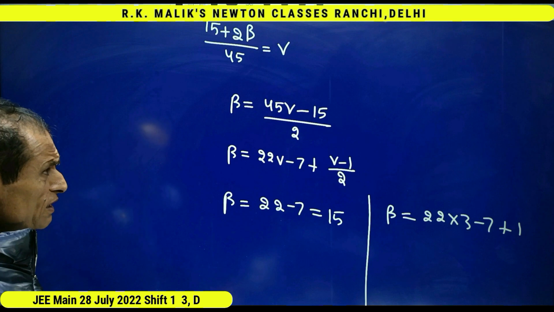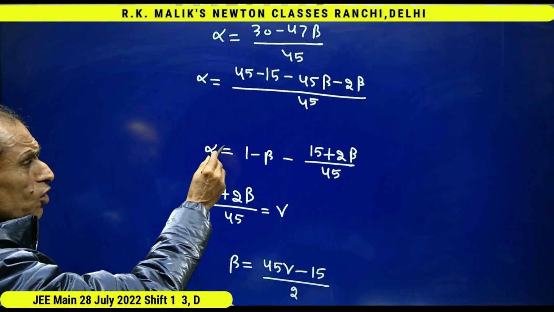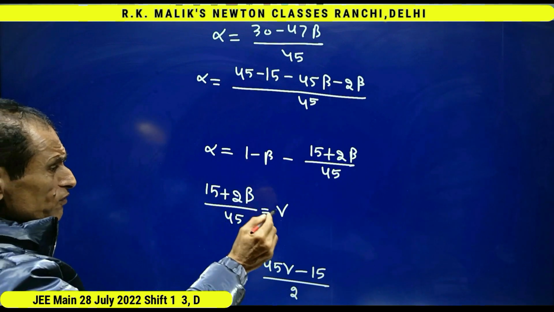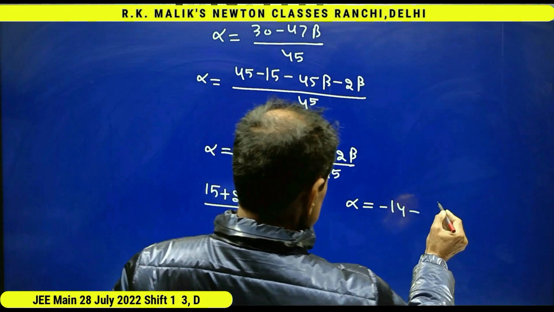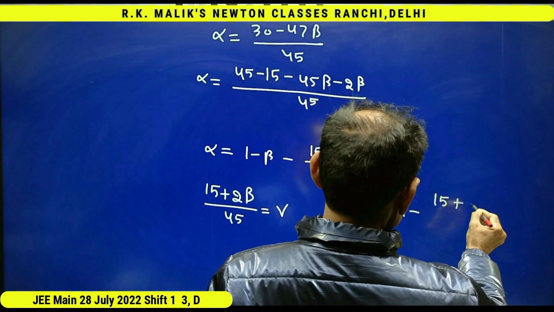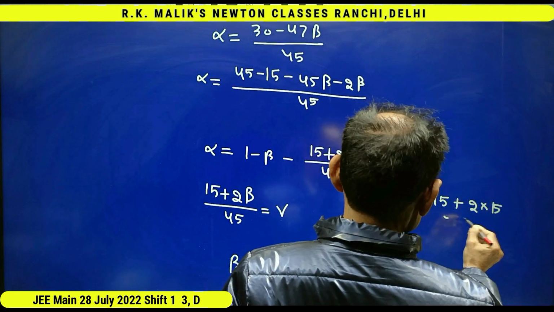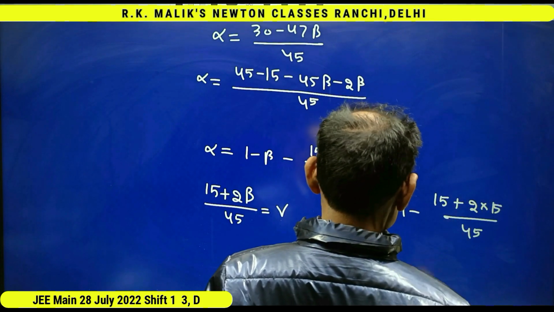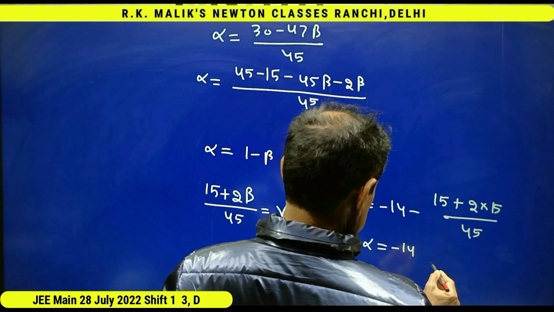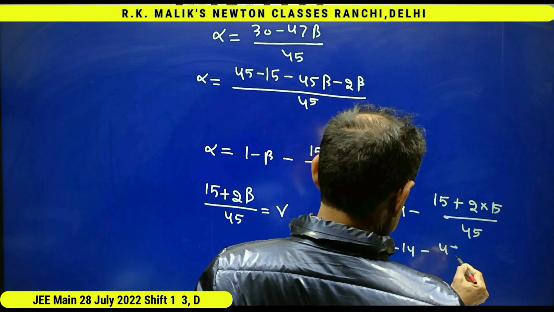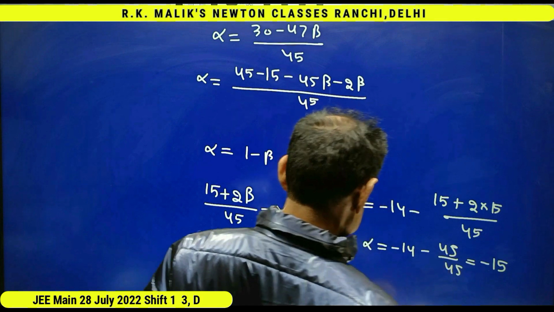And once the value of beta is known to you, you can get the value of alpha also. That is, now put beta equal to 15, you'll get alpha equal to minus 14 minus (15 plus 2 into 15) by 45. That is alpha equal to minus 14 minus 45 by 45, that is minus 15.